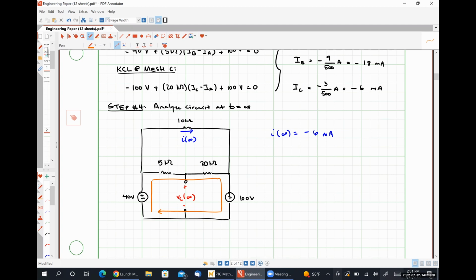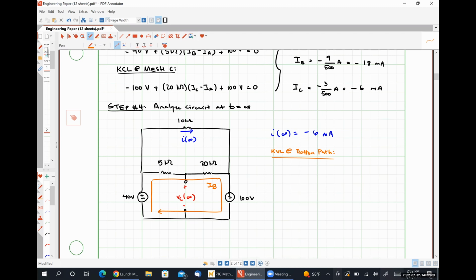And then from there, we could use either the bottom left-hand loop or the bottom right-hand loop once we know the value of that current to find VC at infinity. Okay, so our bottom path is going to wind up giving us, let's call this current, just for lack of a better term, IB.